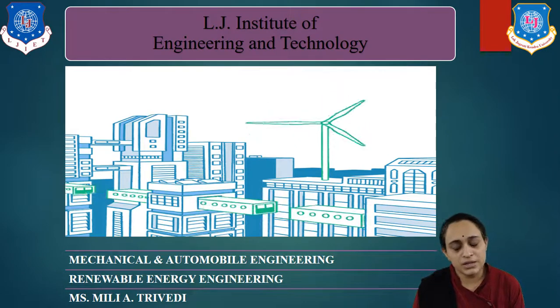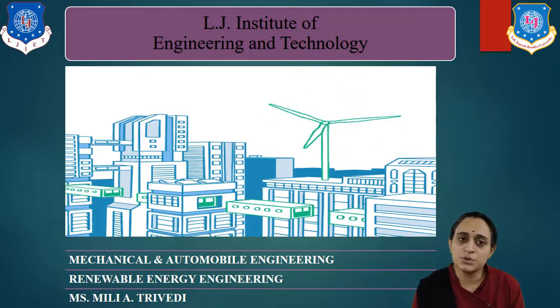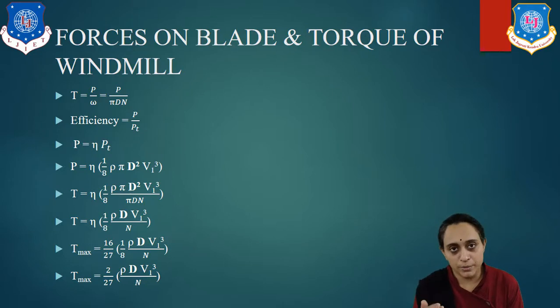Now let us start our study based on the forces and the torque of the windmill. As you know the equation of power, power is equal to 2 pi nT by 60. Now there is a relation of 2 pi n by 60. So what is 2 pi n? It is omega. So here we can write torque T is equal to P by omega.